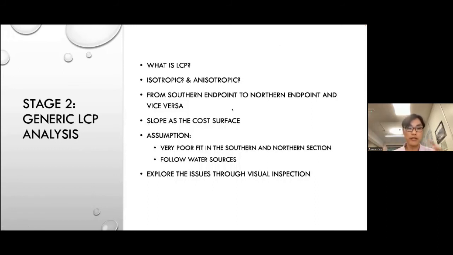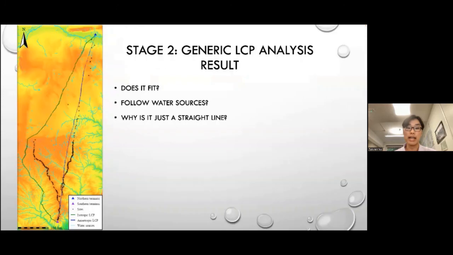And basically the generic one uses slope as a cost surface and runs from just the southern endpoint to the northern endpoint. Very basic. There was no friction, no other variables I needed to put in. So the result is terrible, which is great, which is ideal actually.